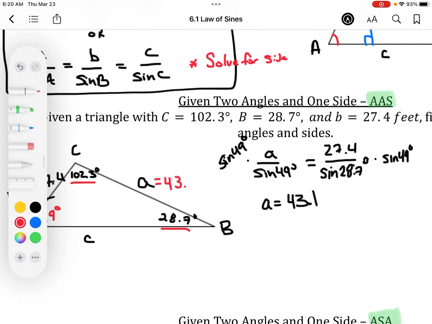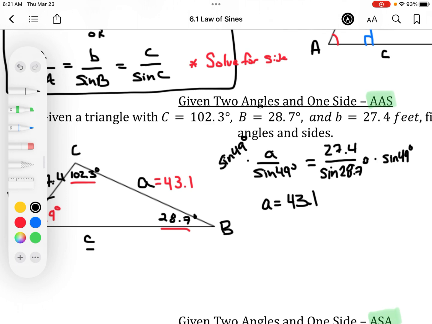I would do this first, and then multiply without changing any; don't take any decimals out. Just use the full answer to multiply, and then we get 43.1.